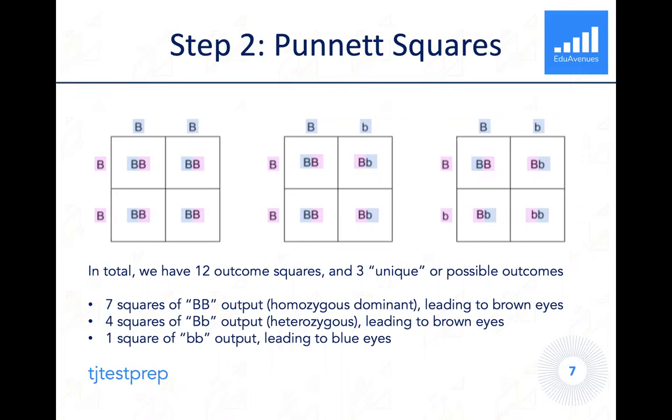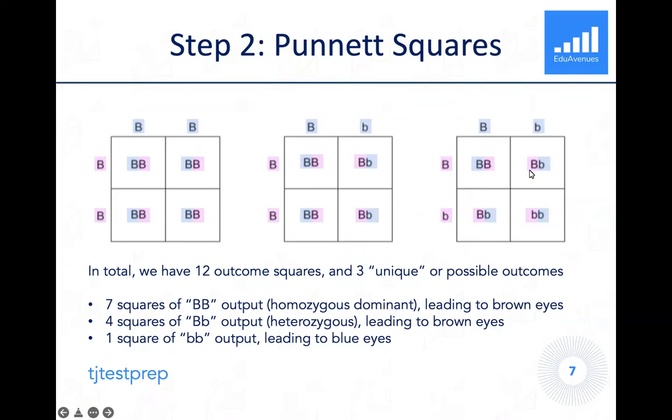And this one in the top right corner is probably the best example, where we have two heterozygous parents mating. So we have an uppercase B, a lowercase b, and then another parent with an uppercase B and a lowercase b. And here in this top left square, we have both of the dominant alleles being passed down.